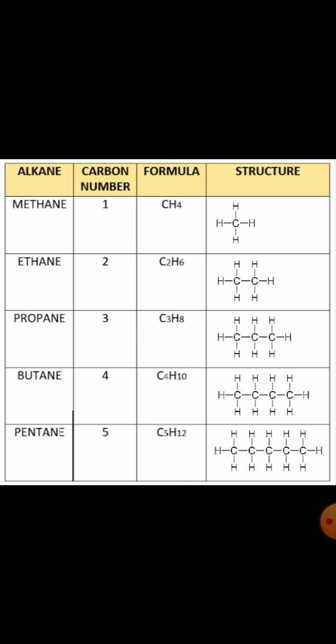What does this mean? Every time these compounds increase by a CH2 unit, they differ by a CH2 unit, which means they have a common general formula. Now here you need to remember the difference. CH2 is a difference, okay? It is not a general formula.